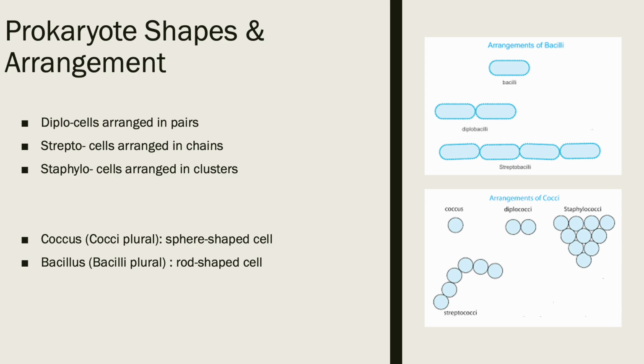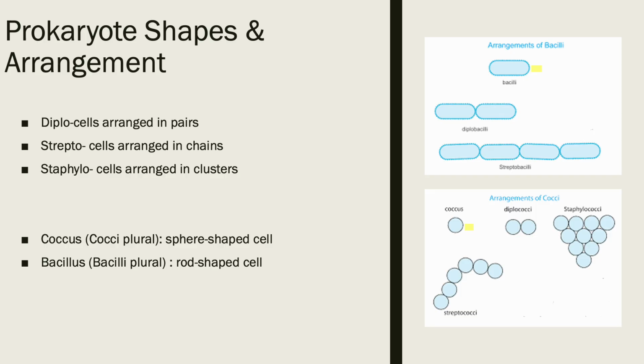When trying to identify and define what kind of prokaryote we're dealing with, oftentimes we can use the shape of the cell and how they are arranged. So for example, if we have a singular cell, just one by itself, there is no arrangement. We would just determine what is the shape of that cell.